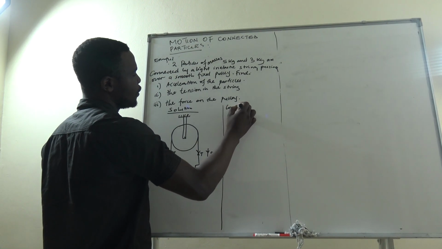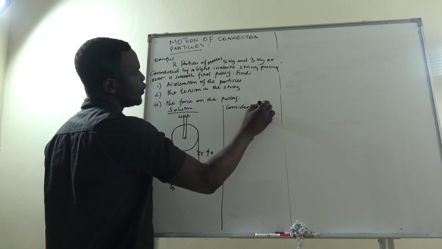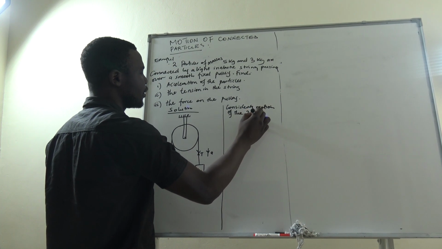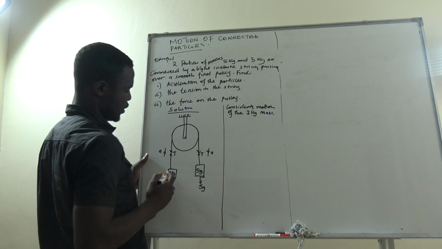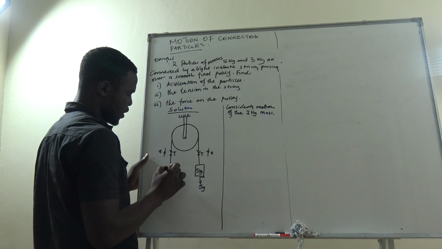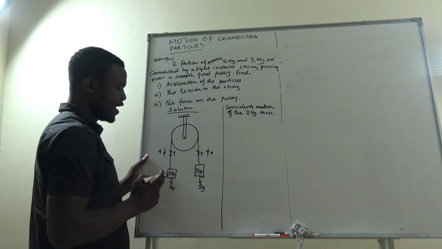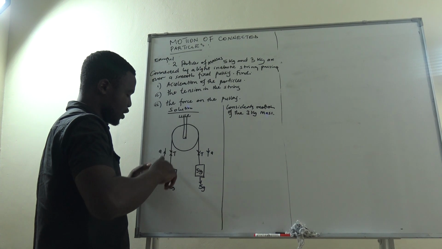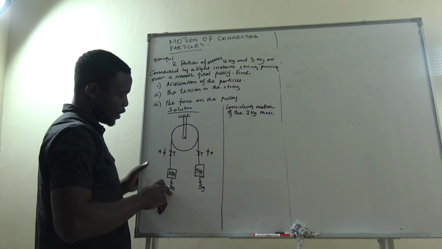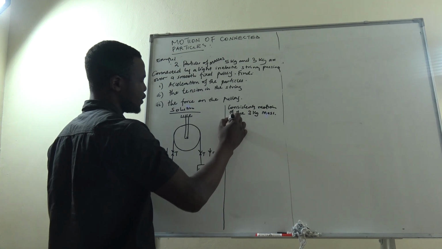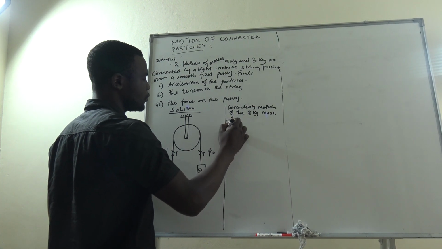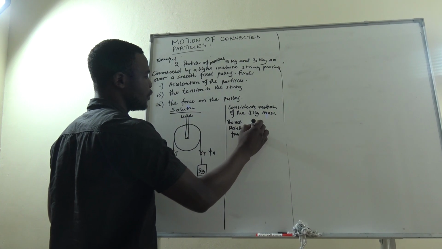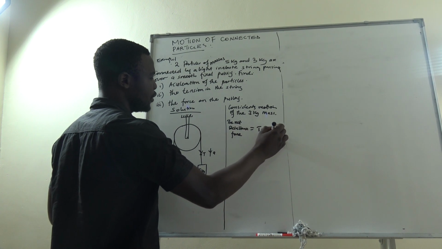So let us begin by considering the motion of the 3 kilogram mass. It is moving upwards, so the net resultant force, by Newton's law, should be equal to the tension in the string minus the weight of this body. So the net resultant force is equal to T minus 3g.